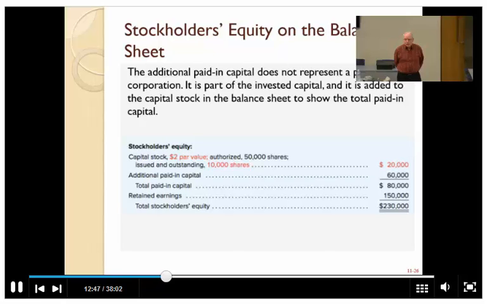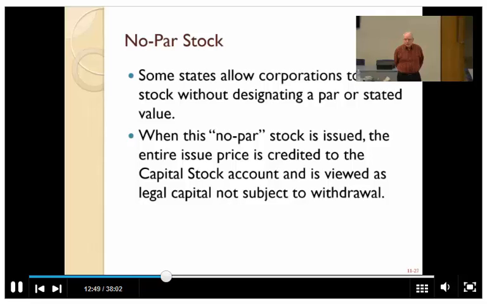All right, now some states do allow no par stock. Okay. Again, I said not every state has the same incorporation requirements. So when this no par stock is issued, the entire issue price is credited to the capital stock account and is viewed as legal capital, not subject to withdrawal.